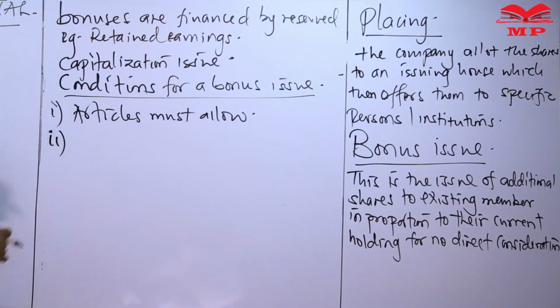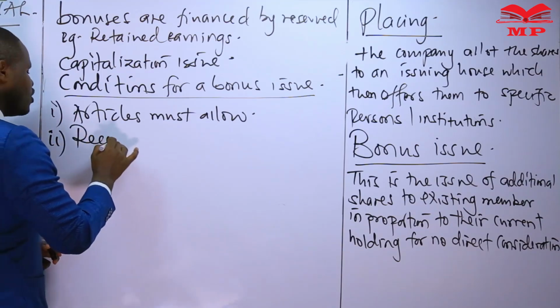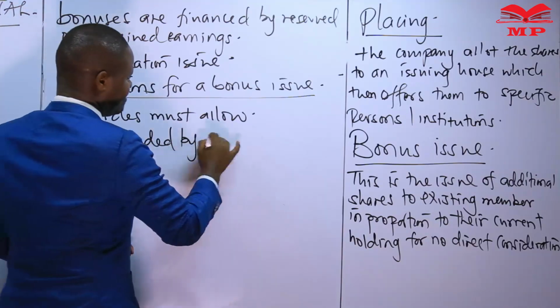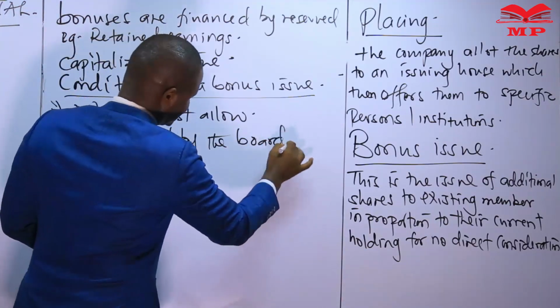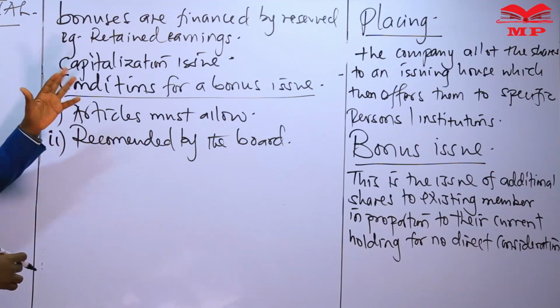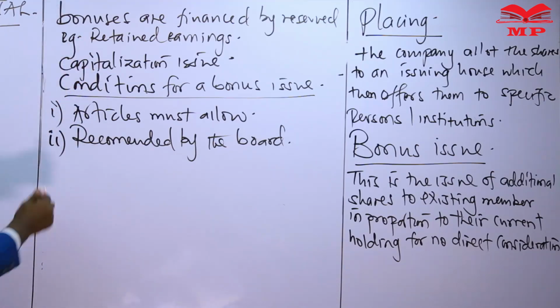Once we have the articles of the company allowing, then the bonus must be recommended by the board. So it comes out of a recommendation of the board that we can increase our share capital by capitalizing a reserve such as the retained earnings.